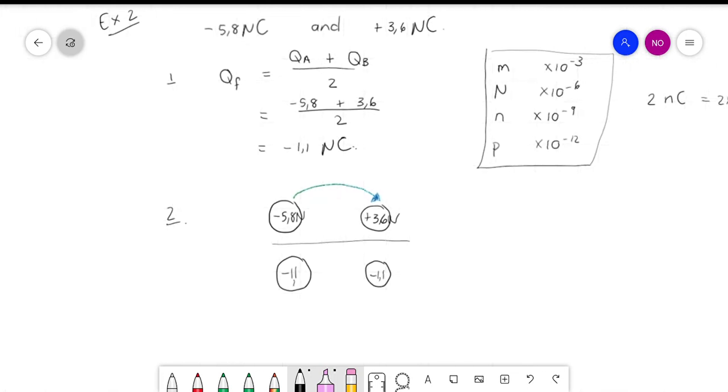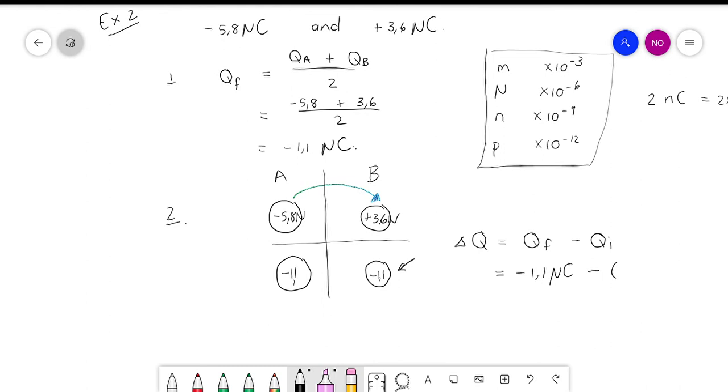Okay, now we need to calculate how many electrons did we transfer. And to do that, you say the change in charge. So it's the final minus the initial charge. Nou kan jy besluit, kyk ons nou na sfeer A of na sfeer B. Dit maak nie saakie. Al twee van hulle gaan vir jou dieselfde antwoord gee, die teken gaan net verskil. So I'm somewhere gonna work with, let's do sphere B. It ended up with a charge of negative 1,1.